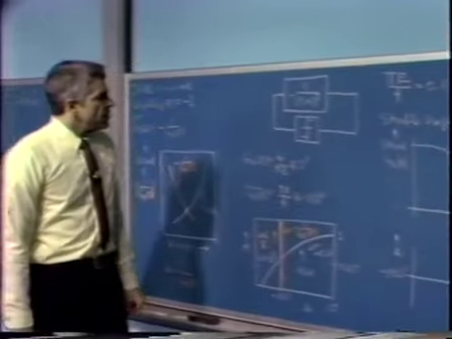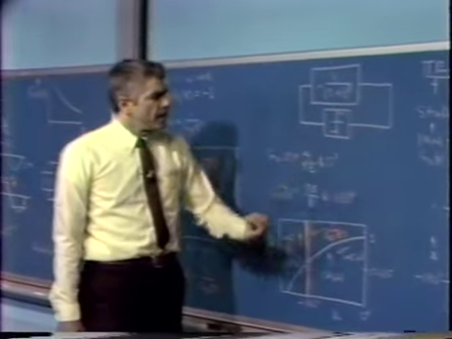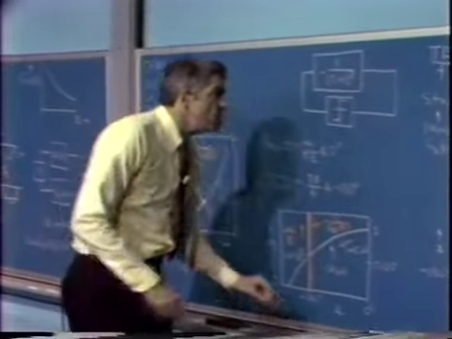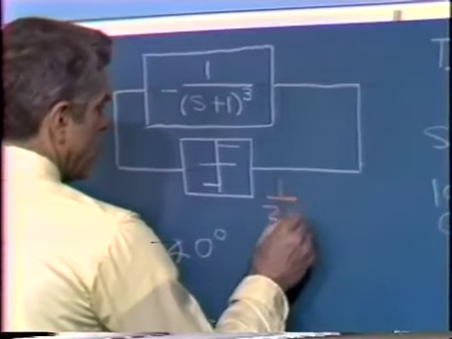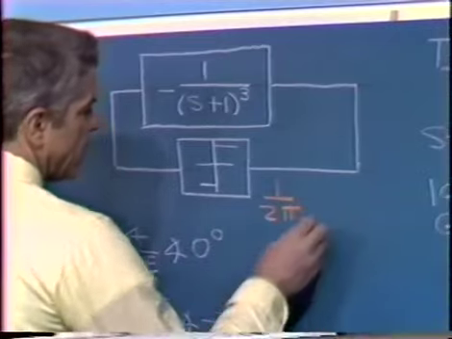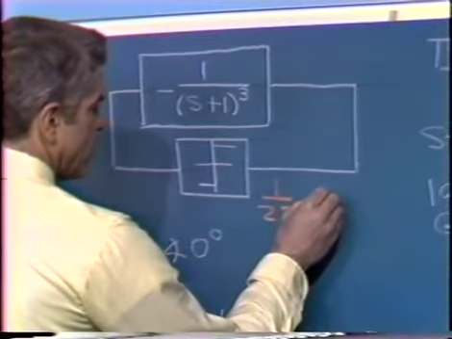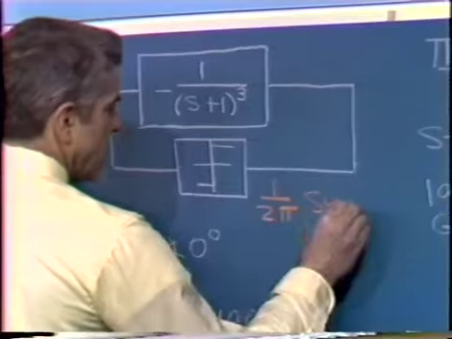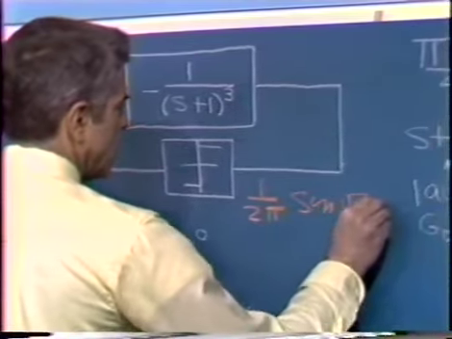So our describing function analysis tells us that an oscillation may be possible with a signal amplitude at this point that's 1 over 2 pi, and the frequency of that signal is simply equal to radical 3. So we'd have 1 over 2 pi times sine radical 3 t.